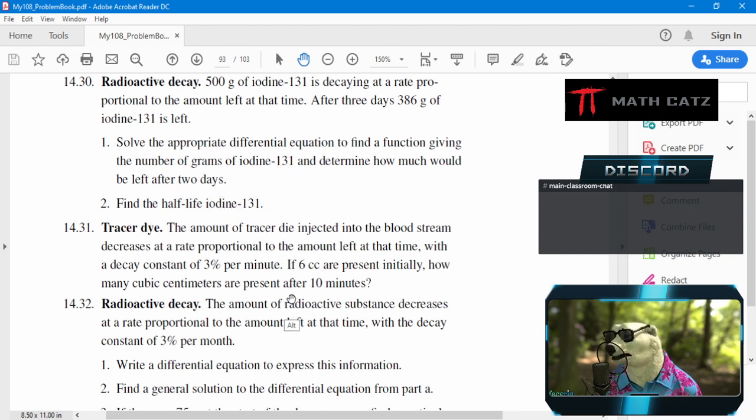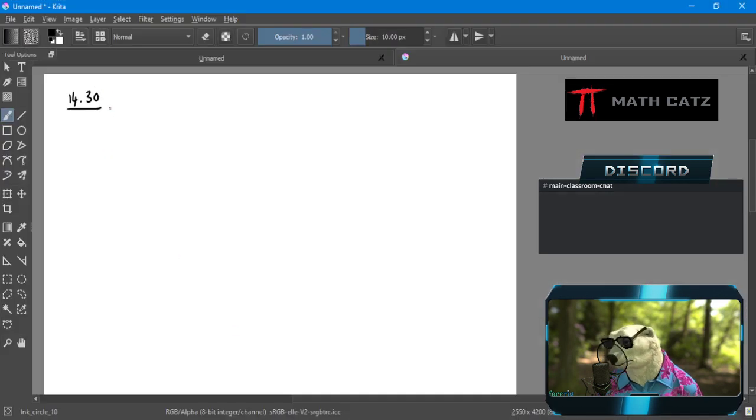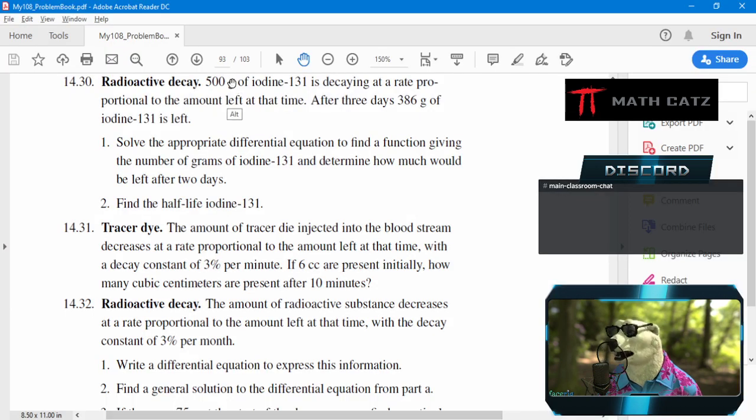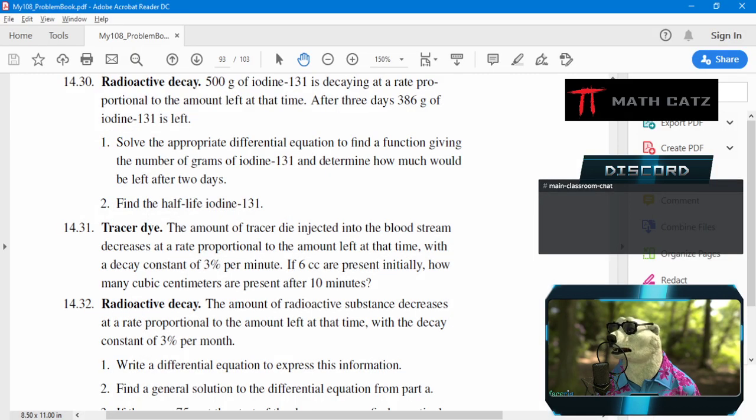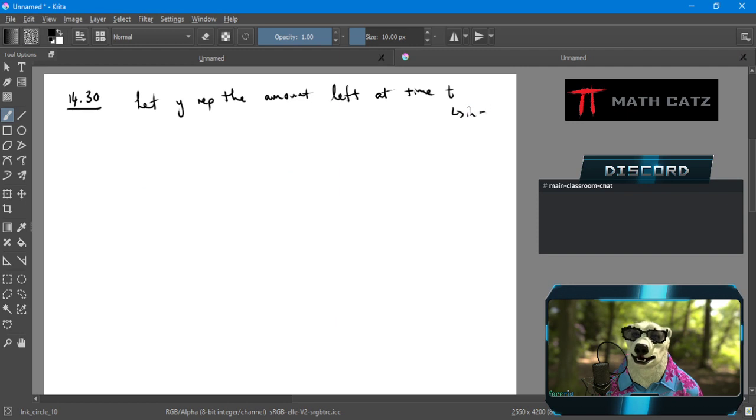Well, one thing at a time. We have to define our variables first. Let y represent the amount. Of course, we're talking about iodine 131. We don't have to be too detailed in our sentence. The amount left at time t, and it seems like time is in days this time.